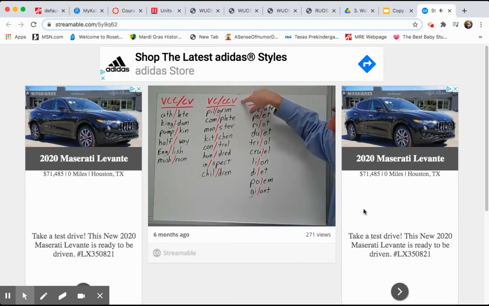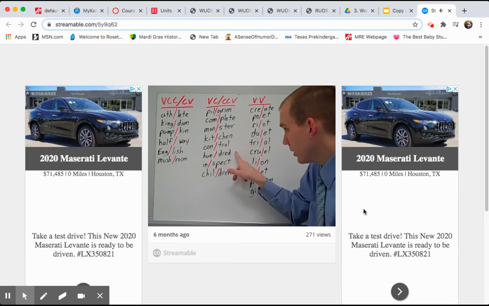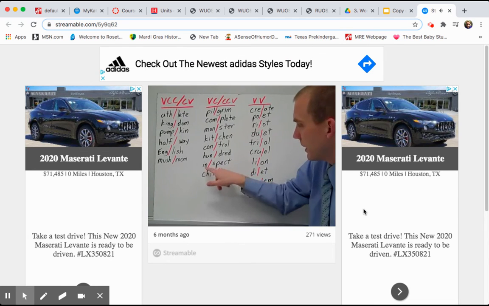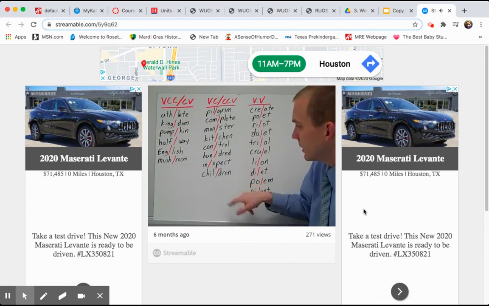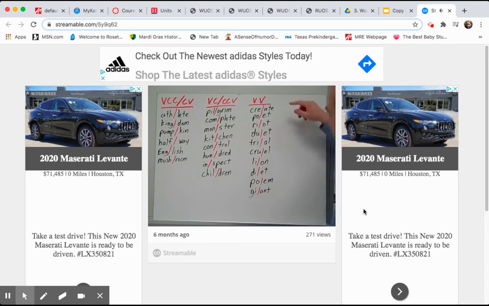Again, three consonants in the middle, but it breaks after the first one, like pilgrim, complete, monster. Again, consonant, break, consonant. Kitchen, control, inspect. After the N, 1, 2, 3 consonants. Children, after the L, 1, 2, 3 consonants.